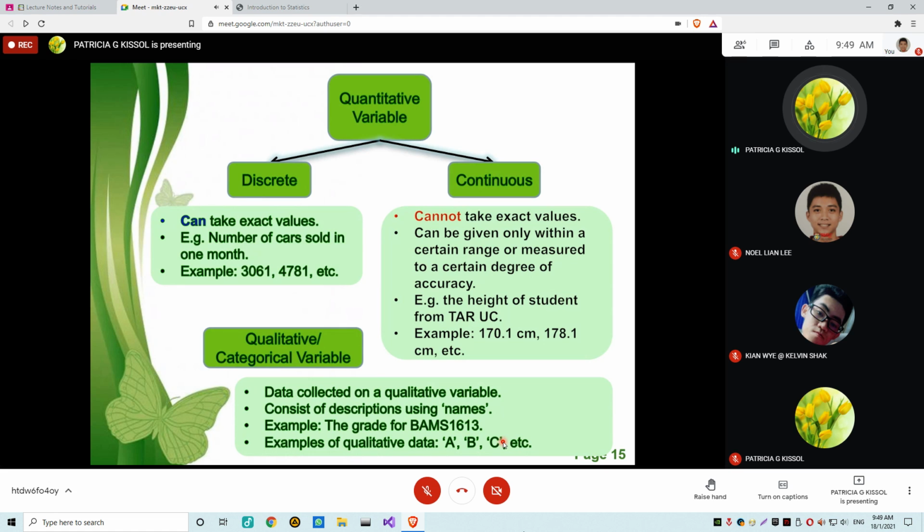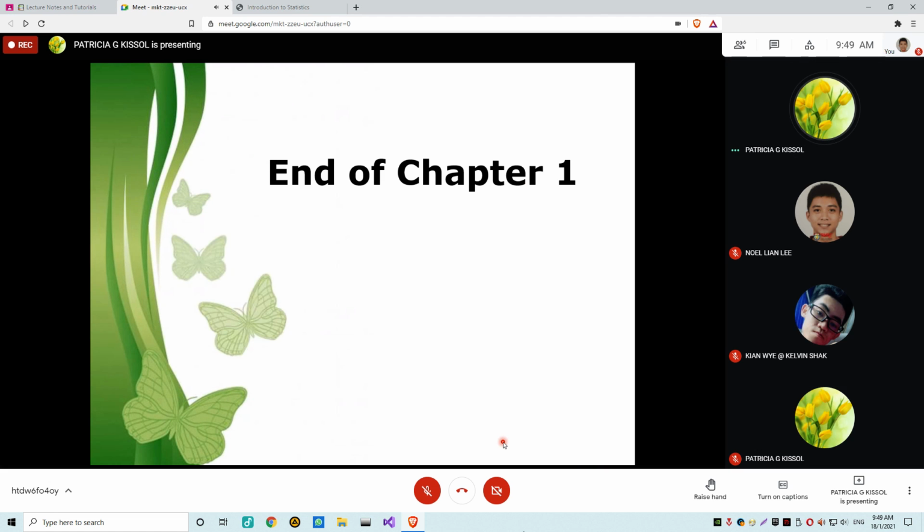We can distinguish it based on category only. So that's the difference between quantitative data, where you have discrete data and continuous data, and qualitative data, which is more categorical. So that is basically what is important in chapter 1.